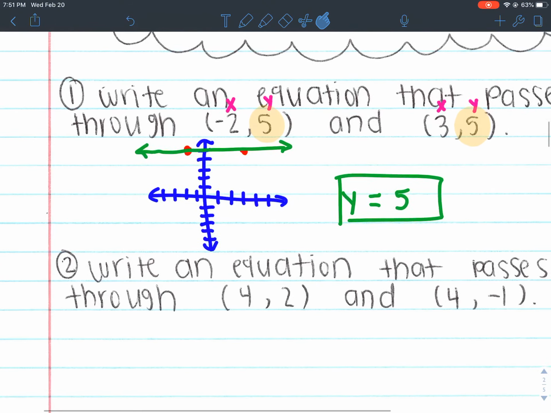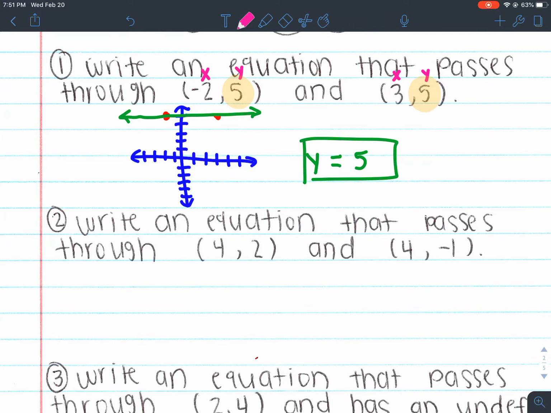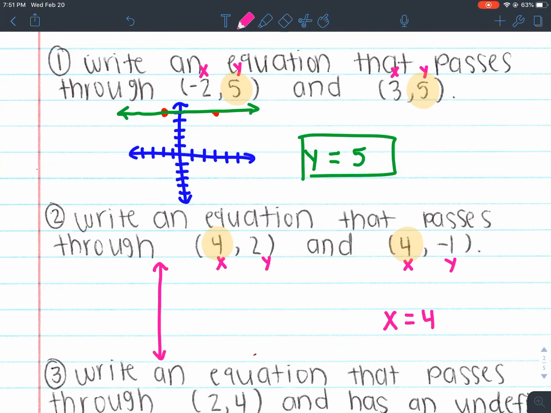So just without even doing number 2, if it's asking you to write an equation that passes through 4, 2, and 4, negative 1, you're already probably like, oh, well, my x values are the same, so it's definitely going to be x equals 4. But if you wanted to do this with a graph, you can. So I can draw a graph here.